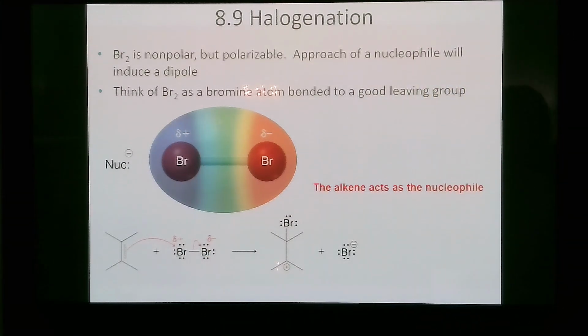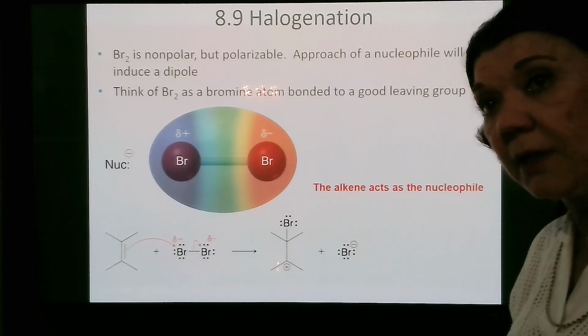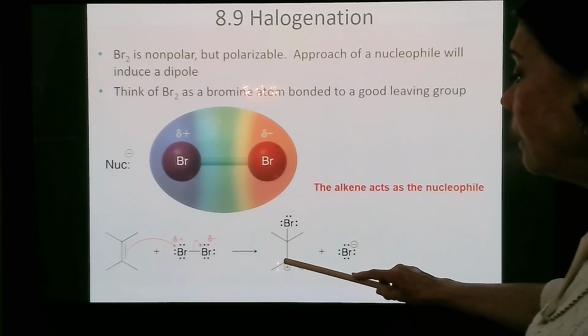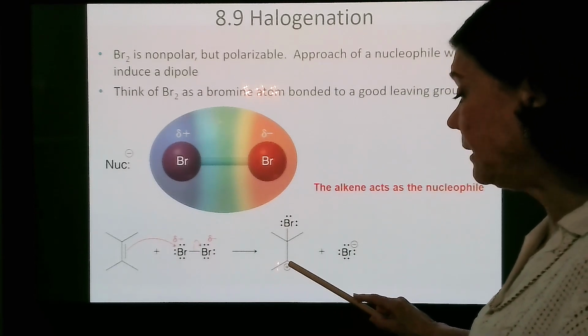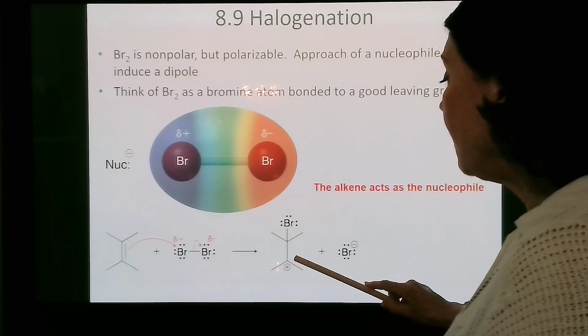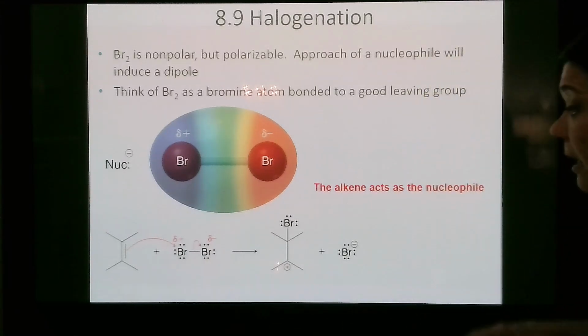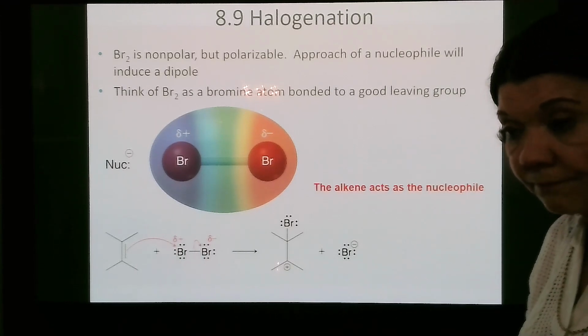And so, in some cases, if the carbocation that could be generated is extremely stable, it's believed that there is actually a carbocation intermediate formed.